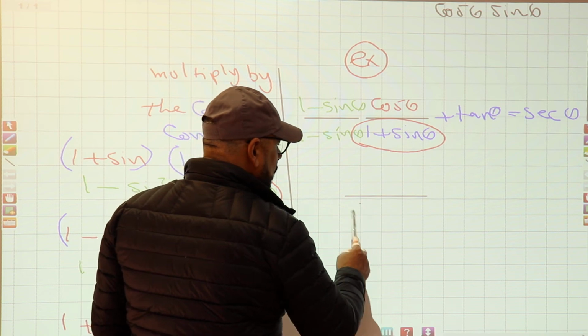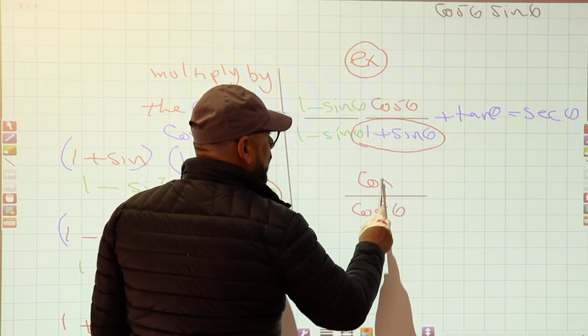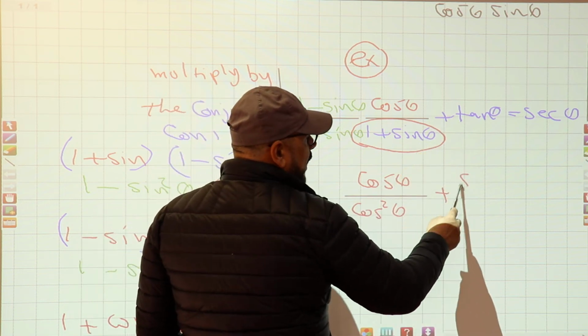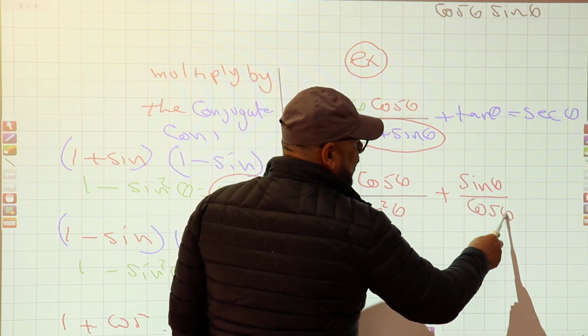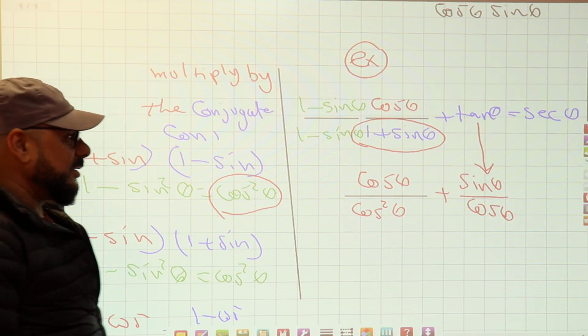Then I'm going to write here cosine square theta, and the top cosine theta. The plus tan theta is what? Sine theta over cosine theta. The tan theta equals sine over cosine, right?